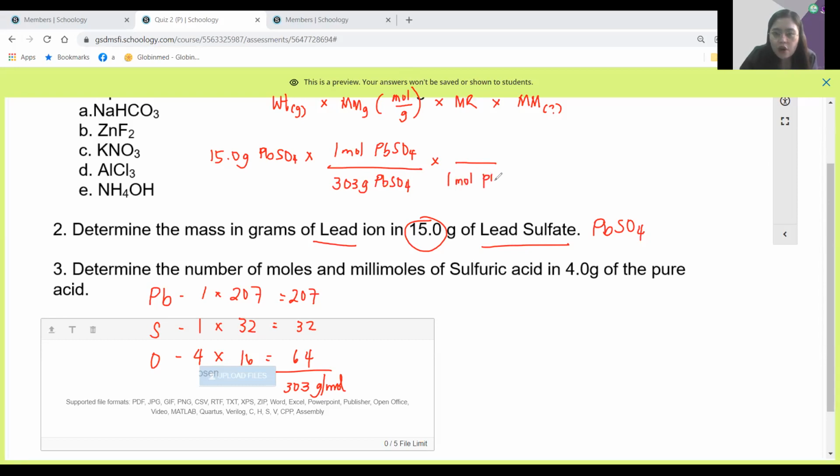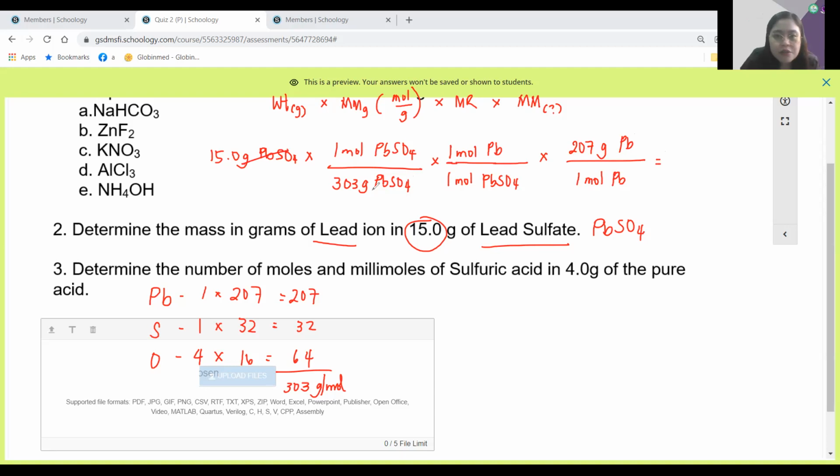You can see there that if you have 1 mole of lead sulfate, sa isang lead sulfate, isang atom lang din siya ng lead. So you can also call that 1 mole of lead. Okay? And then lastly, let's have the molar mass, or let's call this atomic weight. Atomic weight of our lead is 207 grams sa isang mole.